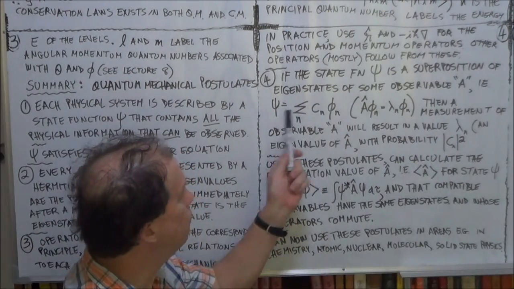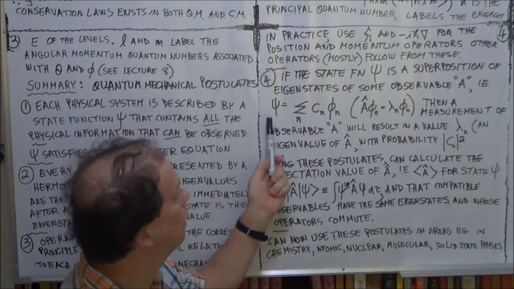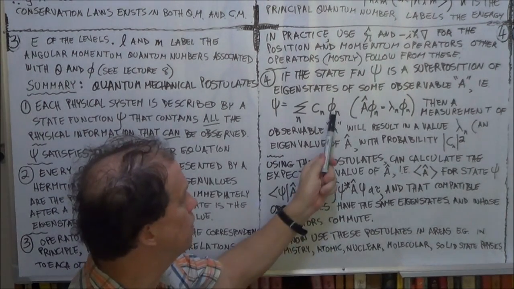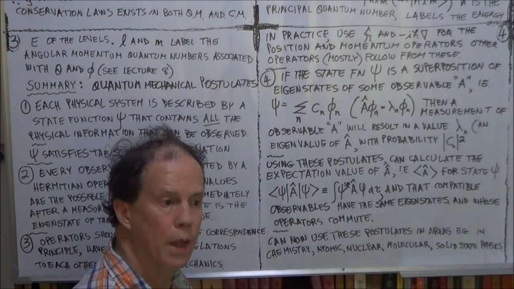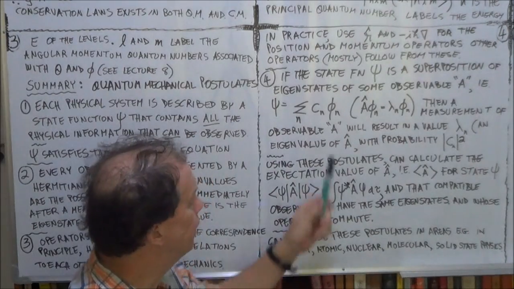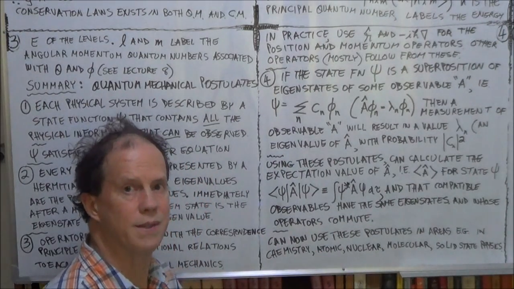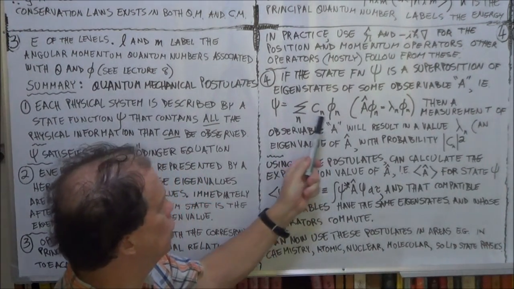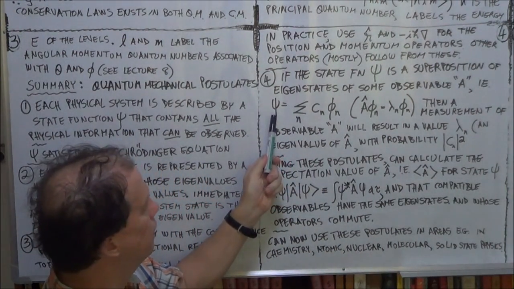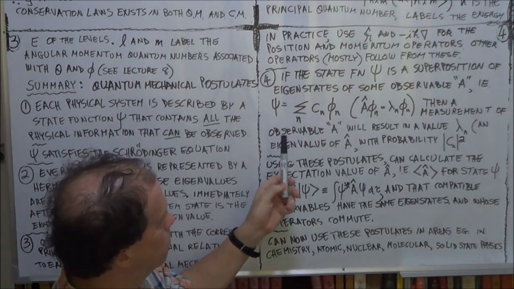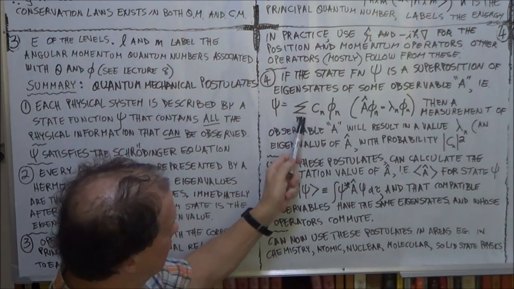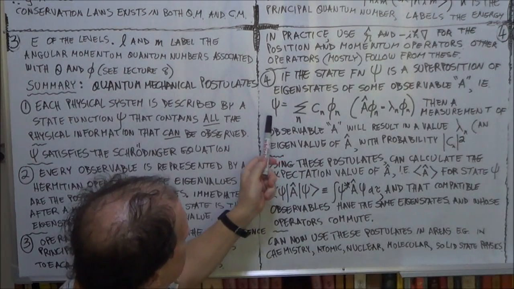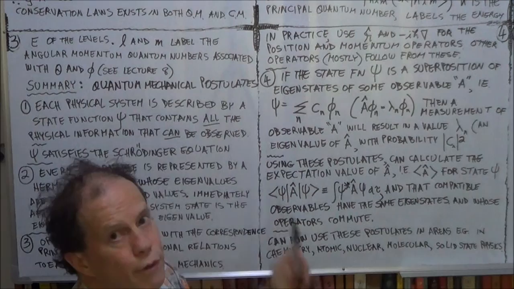So you can express any vector, any state, in terms of these eigenfunctions, in terms of this complete orthonormal set of functions, or this basis. That's what a basis is. It's a complete set in terms of which any general vector can be expressed as a weighted sum. Right. So that's the state before the measurement.